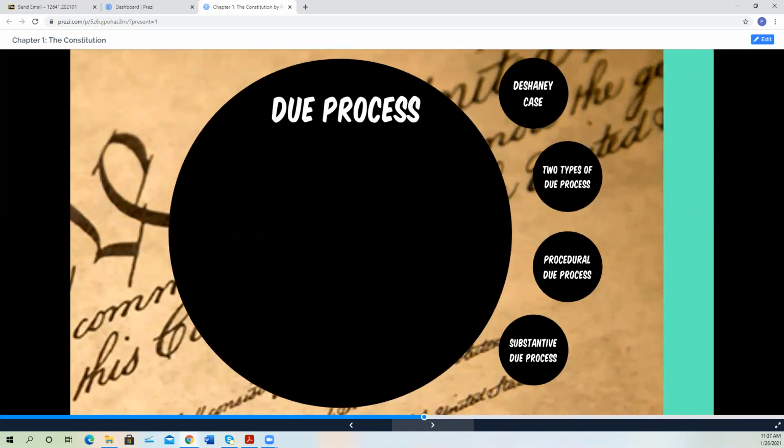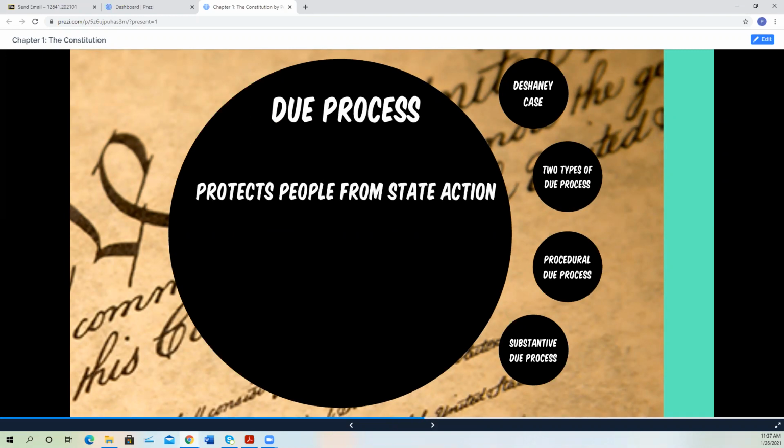So let's talk about due process. And due process is in the 14th Amendment. And due process, the 14th Amendment, like the other Bill of Rights, like the first 10 amendments, protects people from state action.